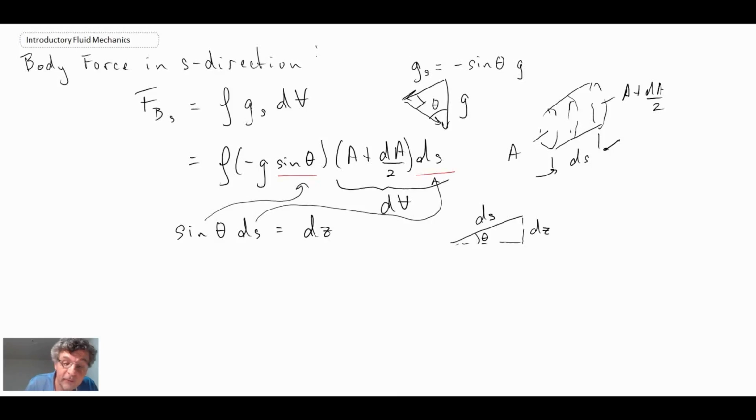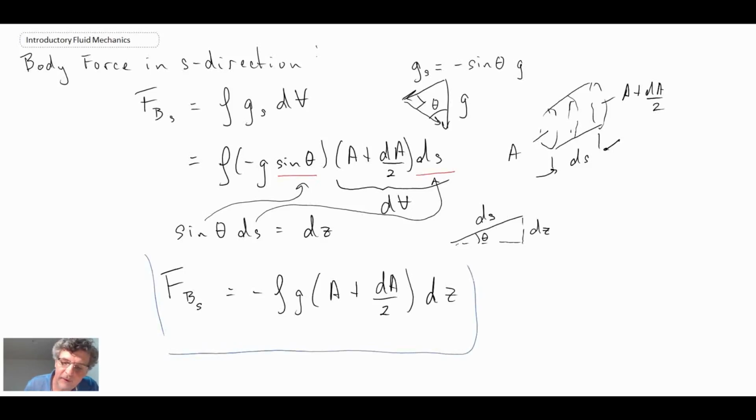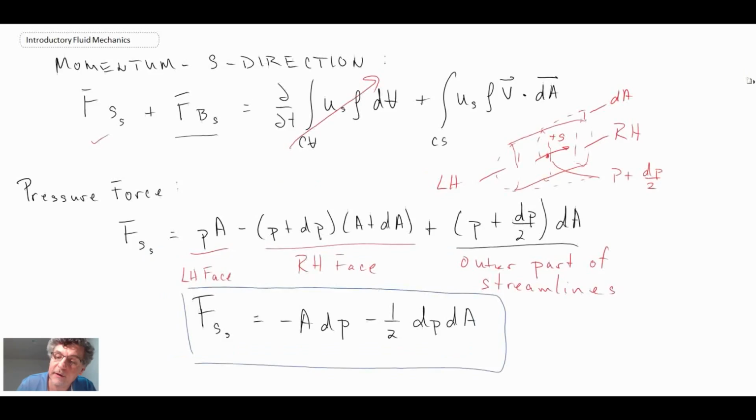And what we end up with for the body force for our differential element is the following equation. So we will let that one rest, and then let's go back and look at our momentum equation. We've tackled the surface force, we've tackled the body force. We now need to take a look at this last term, so let's address that.